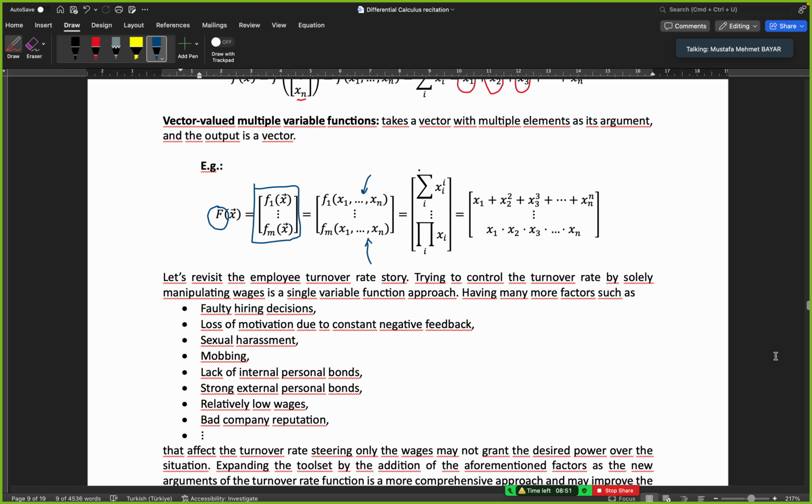For example, the profit, or the cost, or the productivity, or the public image of the company, and on. So, considering the simultaneous effect of your actions is wiser. That's why we are trying to talk about multivariable functions.